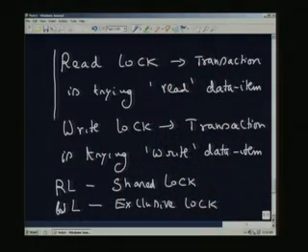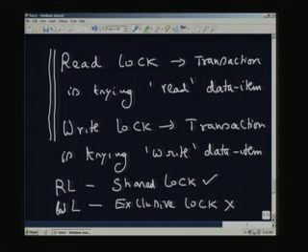By distinguishing the kind of locks, we try to increase the concurrency, because whenever a transaction acquires a read lock, it is possible for other transactions also to acquire this lock. But if one transaction is given the write lock, another transaction cannot be given a write lock on the same data item unless the work is finished by the first transaction.